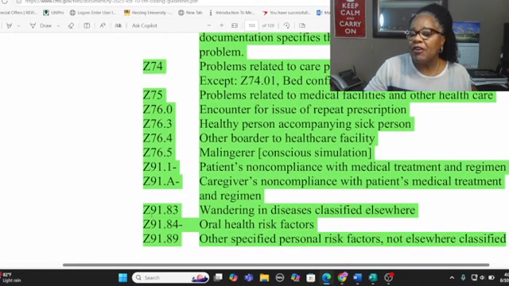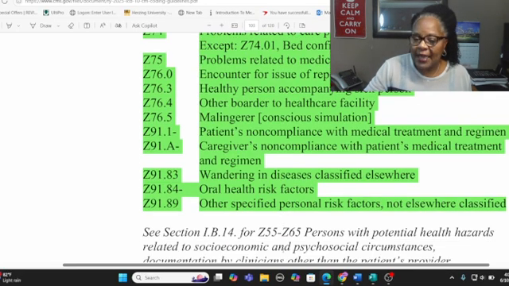Z91.A, caregiver's non-compliance with patient's medical treatment and regimen. Z91.83, wandering in diseases classified elsewhere, like dementia. Z91.84, oral health risk factors. Z91.89, other specified personal risk factors, not elsewhere classified.